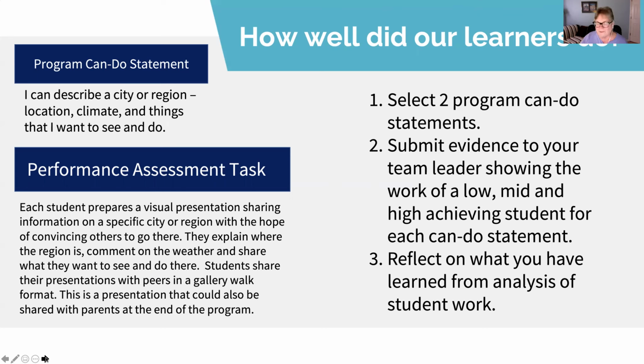So we don't expect all of your students to just be superstars. Show us a representative sample of your work, low, mid, high. Let the team leaders see how this evidence aligns with your program can-do statement and your performance assessment task. Your team leader will reflect on that in the program implementation report.